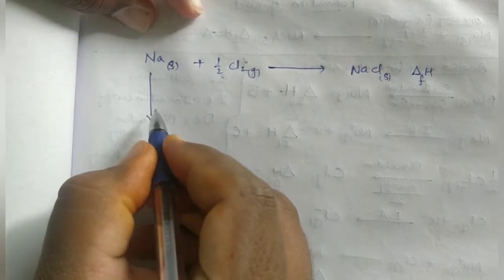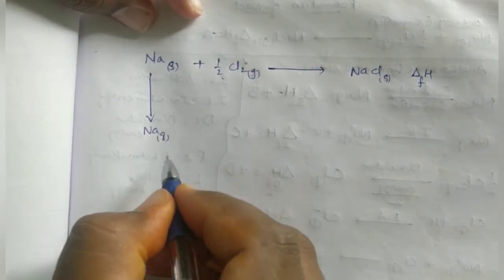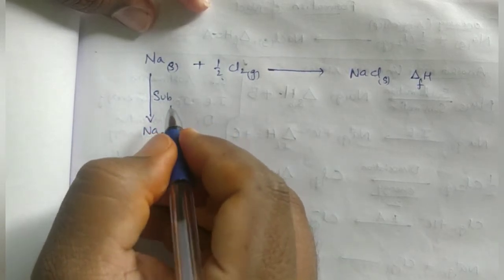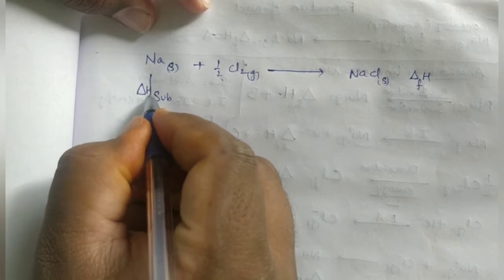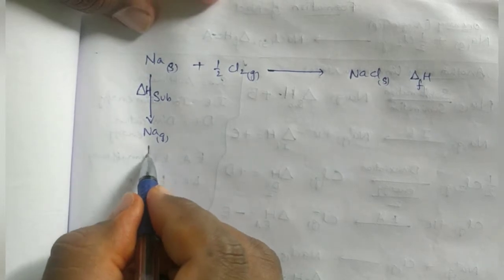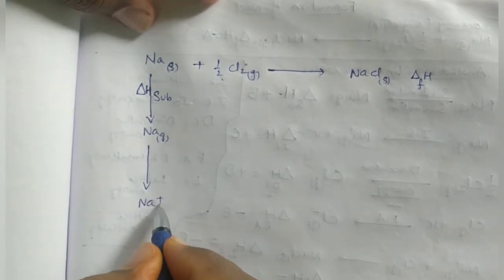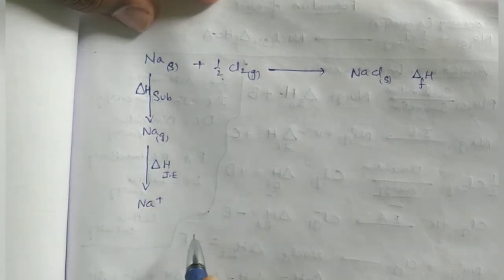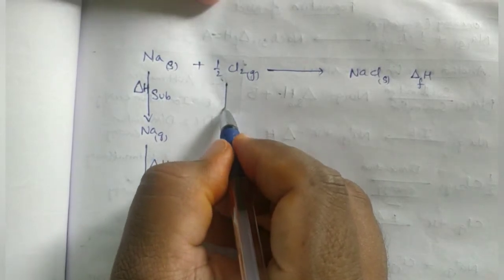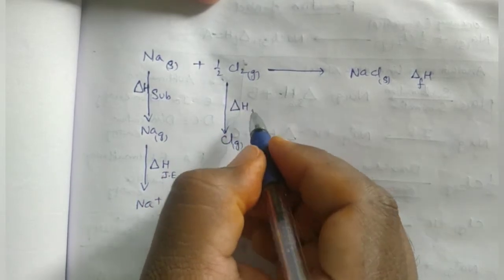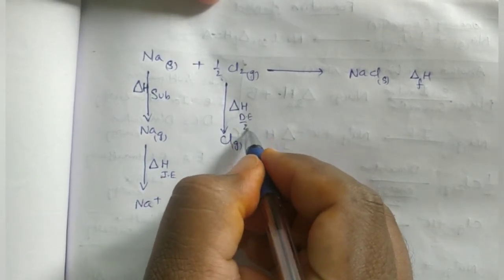Now, sodium solid is converted to sodium gas by the absorption of energy, that is called sublimation energy, delta H sublimation. Sodium gas is converted to Na plus, that is delta H ionization energy. Next, half chlorine is converted to chlorine atom by delta H dissociation energy by 2.